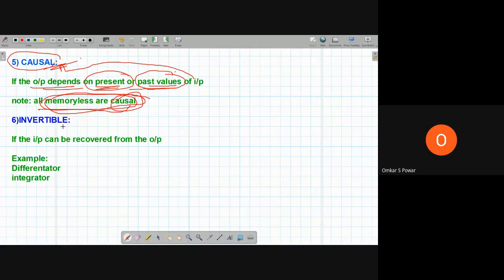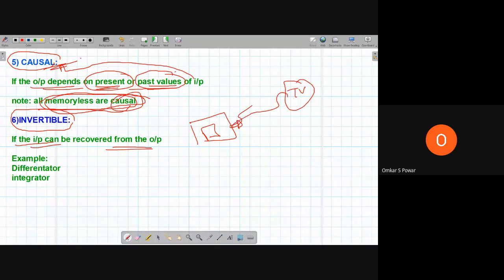Okay. Then the sixth property, invertible. If the input can be recovered from the output, for example, in your house there is a TV, there is a cable here, and you can receive whatever the TV station is broadcasting. So you are able to recover whatever signal is sent, with the help of this receiver.